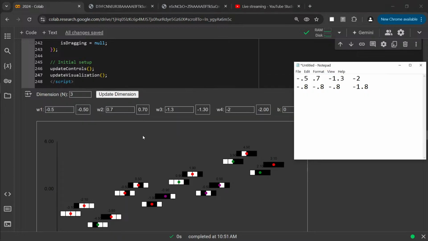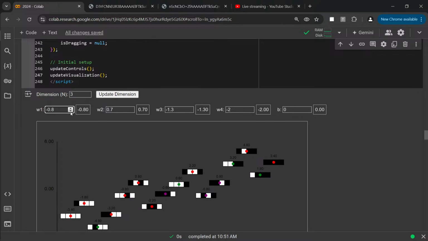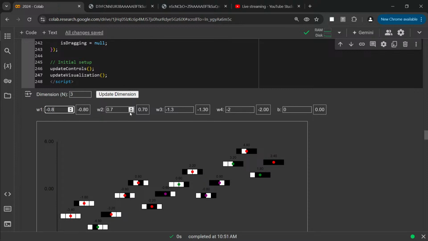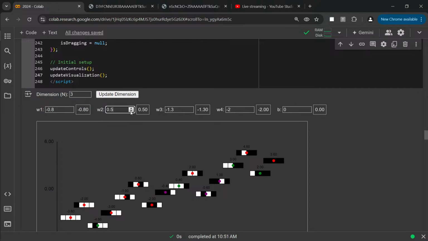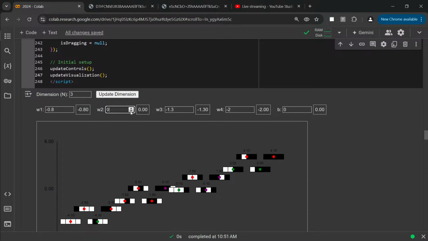Okay, so we want to go from negative 0.5 to negative 0.8. Yeah, let me do it this way. Okay, so we're at negative 0.5, and then bump, bump, bump. That didn't do anything obvious. 0.7 to negative 0.8, so that's a big movement. Right, so this one is raising the purple guys. Actually, does that solve it?